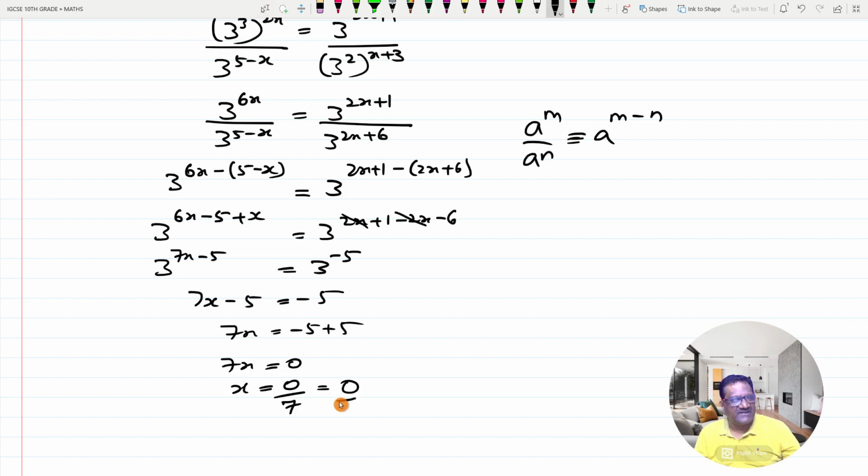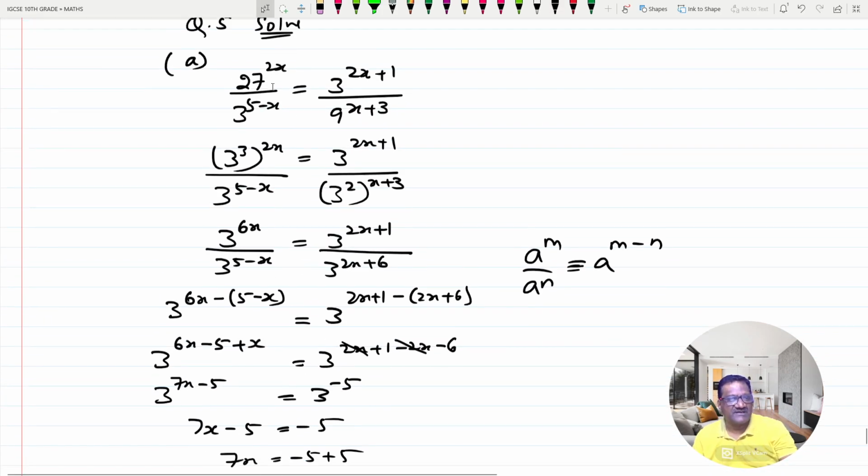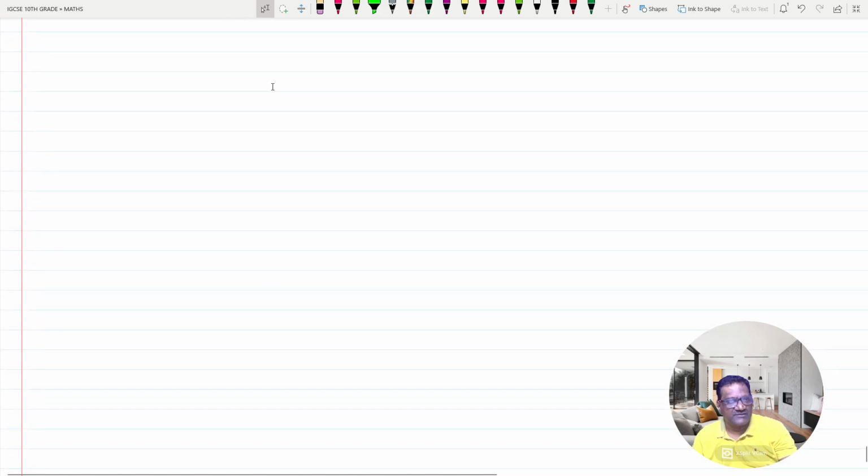So the answer for question number 5, the A sub question, we are getting as 0. And let us check it and verify whether our answer is correct or not. And it is absolutely correct. Okay, so x for question number 5 sub question A is equal to 0.